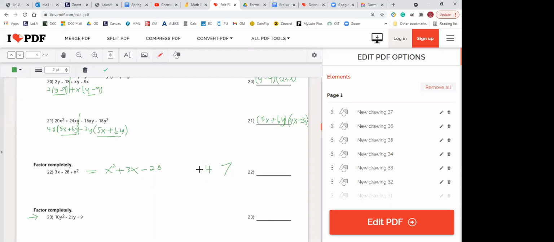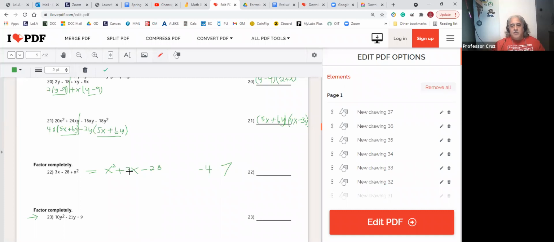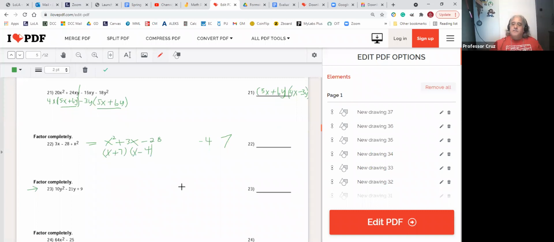And then this is going to be the negative one because the larger one is positive. All right. So 7 times negative 4 is negative 28. Plus 7 minus 4 is plus 3. So there we got it.